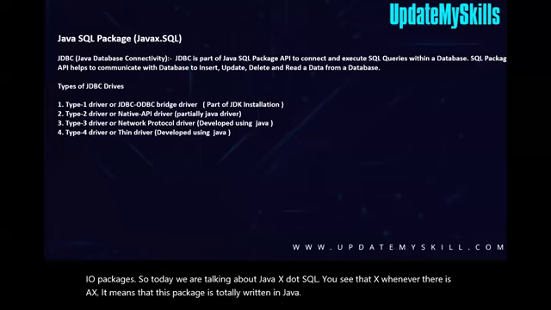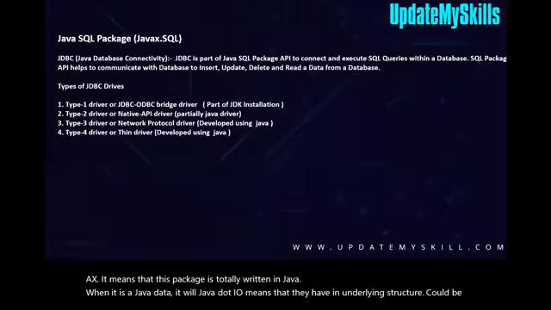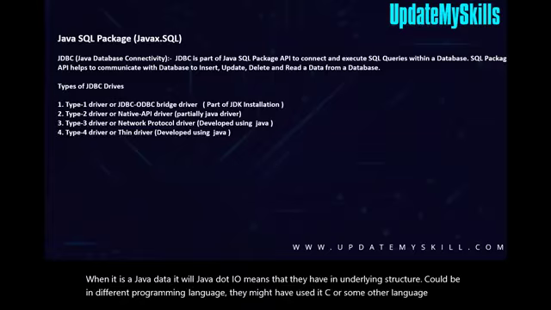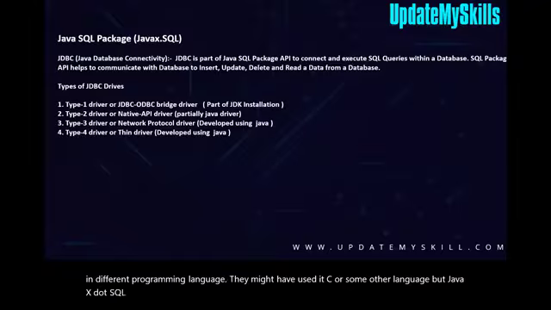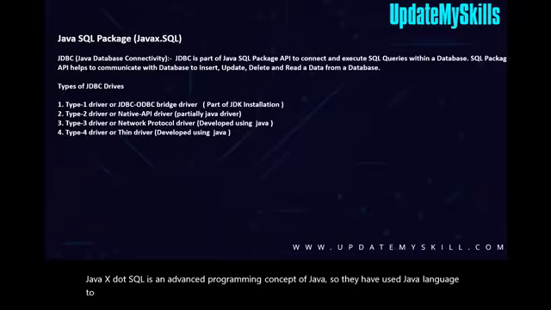When it is java.util or java.io, it means that their underlying structure could be in a different programming language. They might have used C++ or some other language. But javax.sql is an advanced programming concept of Java. So they have used the Java language to develop these packages and classes.